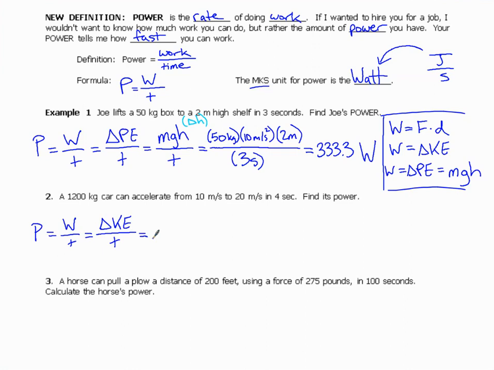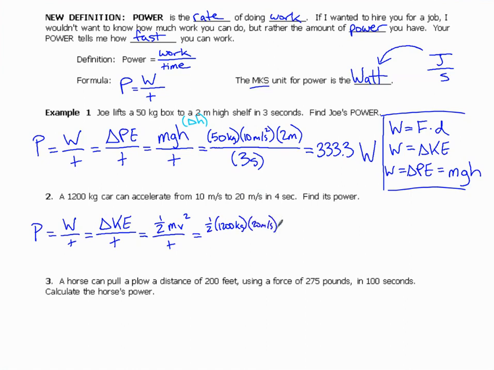And so here is our formula for kinetic energy: 1/2 mass times the velocity squared. Power is divided by time. But we have a changing velocity, so we're going to do final velocity. So 1/2 times the mass times the final velocity.